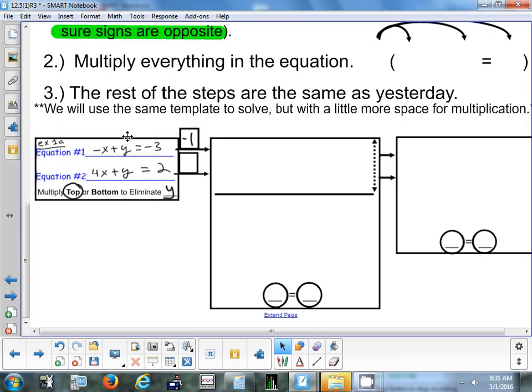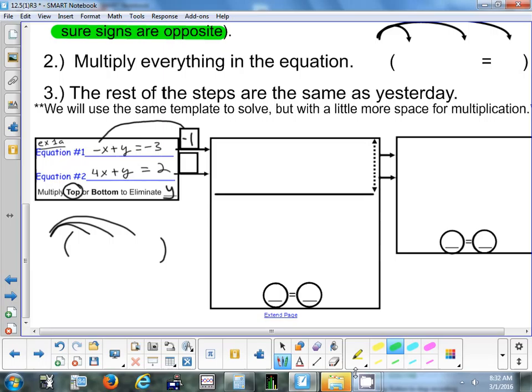Anybody know what I'm going to multiply by? Figure that little graphic that I put on your notes, right? Everything, right? I'm going to multiply the -1 by -x, by +y, by -3. All three things.